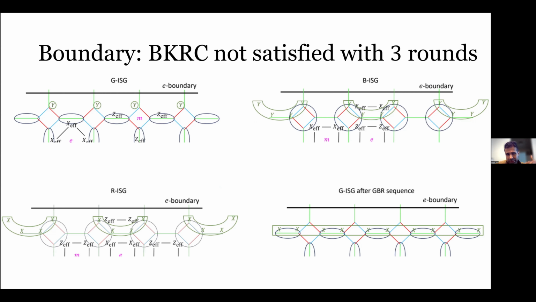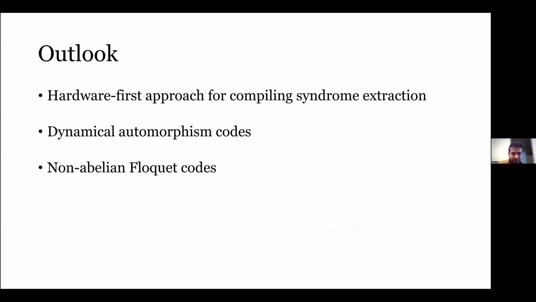But in some sense, our approach is very general and is able to capture these different kinds of scenarios. Just to summarize, our approach is a hardware first approach for compiling syndrome extraction and choosing between different forms of syndrome extraction.